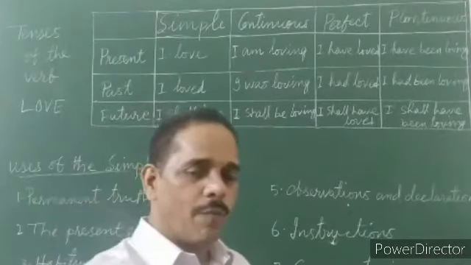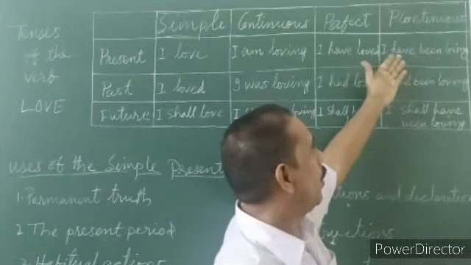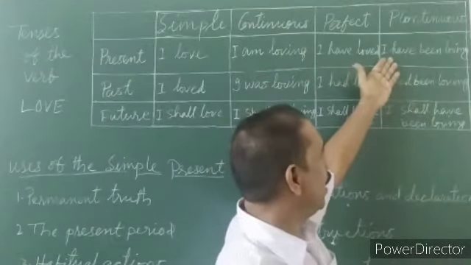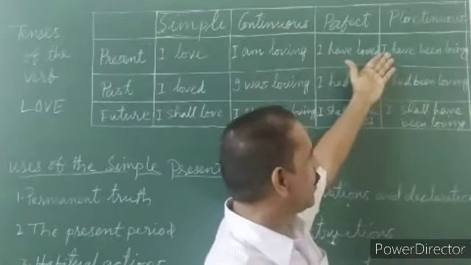And for the perfect, it is subject plus has or have plus verb 3, that is the past participle form. Laugh, laughed; learn, learnt, learned; work, worked, worked; establish, established, established. So, verb 3: I have loved. When it comes to perfect continuous, it will be subject plus has or have plus been plus the ing form of the verb.